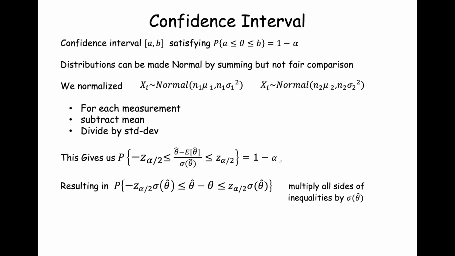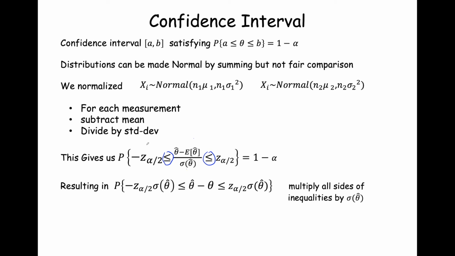All right. So now we're going to do a little bit of algebra. We have an inequality. We have going from left to right, less than or equal to, and another less than or equal to. We're going to multiply both sides of the inequalities by the standard error of our theta hat. And we're also going to multiply the center value between the two inequalities by the standard error of theta hat for a mathematically correct operation. So when we do that, that standard error of theta hat is going to go away because we have a copy in the numerator and in the denominator.